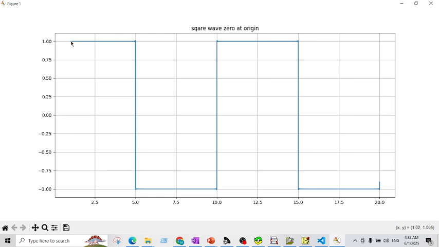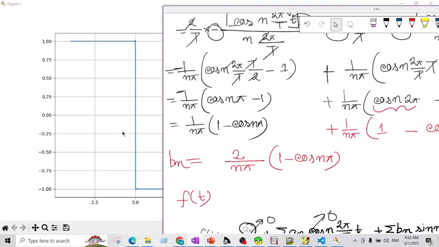The function's value is first 1, then it becomes minus 1 when t is equal to 5, then when t is equal to 10, it again goes to 1. That means the time period is 10. So we have obtained the equation of this square wave.